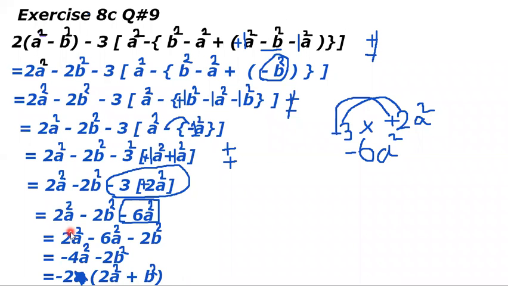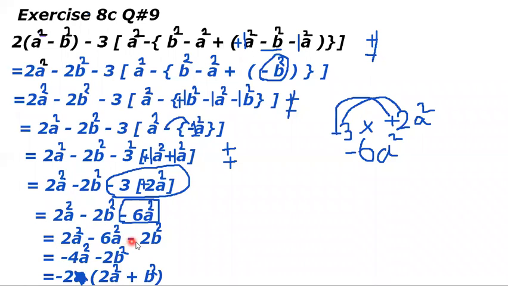Okay, now let's see what's happening in the next step. 2a square as it is, negative 6a square, and negative 2b square. We have collected the like terms in this step. A square and a square terms are like terms. It's 2a square, it's negative 6a square, both are like terms.